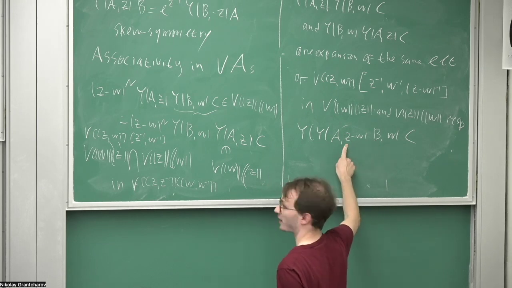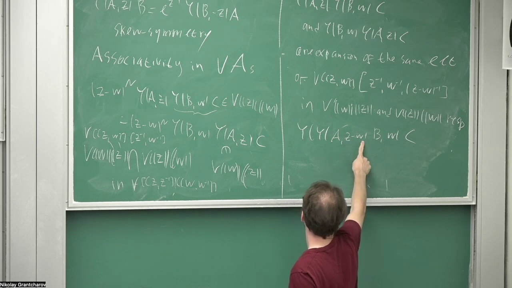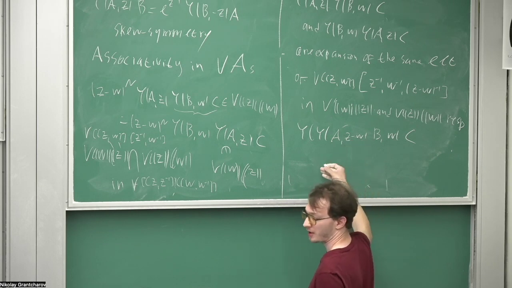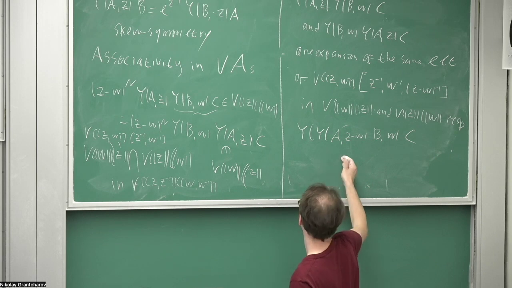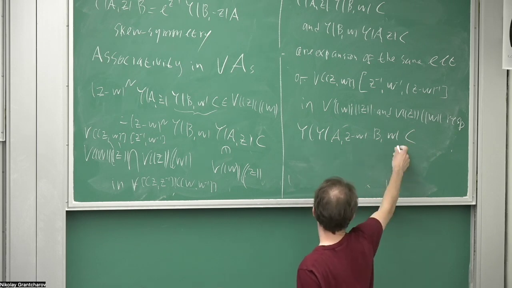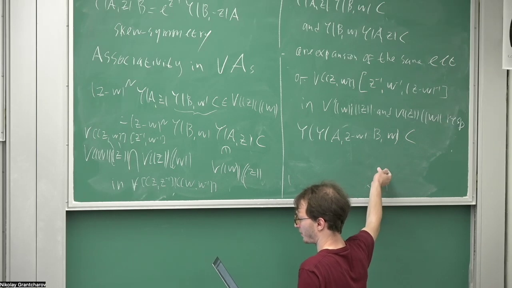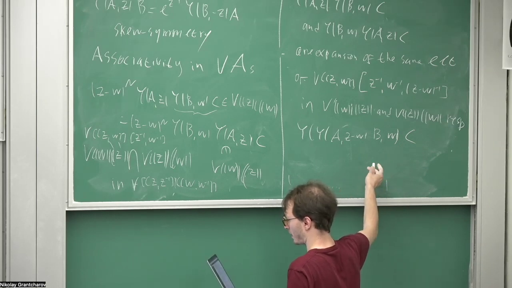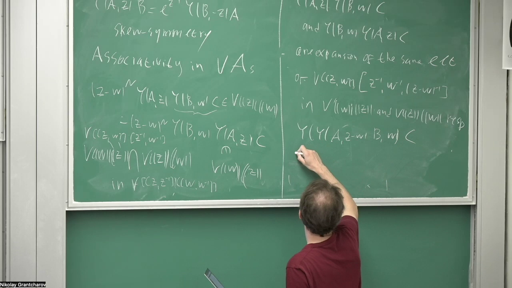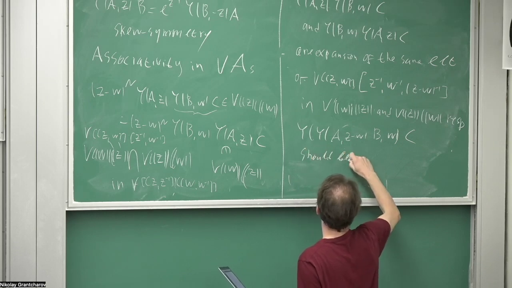I get a Laurent series in z minus w, and for each coefficient of this Laurent series, I take the field again and apply it to c. So with the nested construction, it will be something well defined.